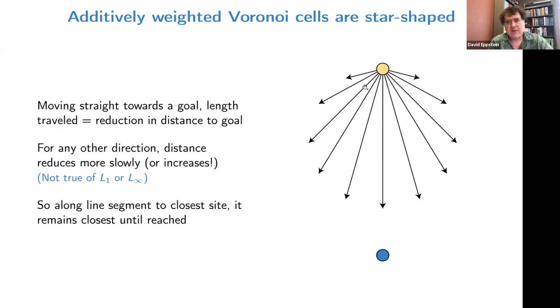If you move in any other direction, the distance reduces more slowly, or it might even increase. And that actually is a property that is not true of L1 or L infinity.